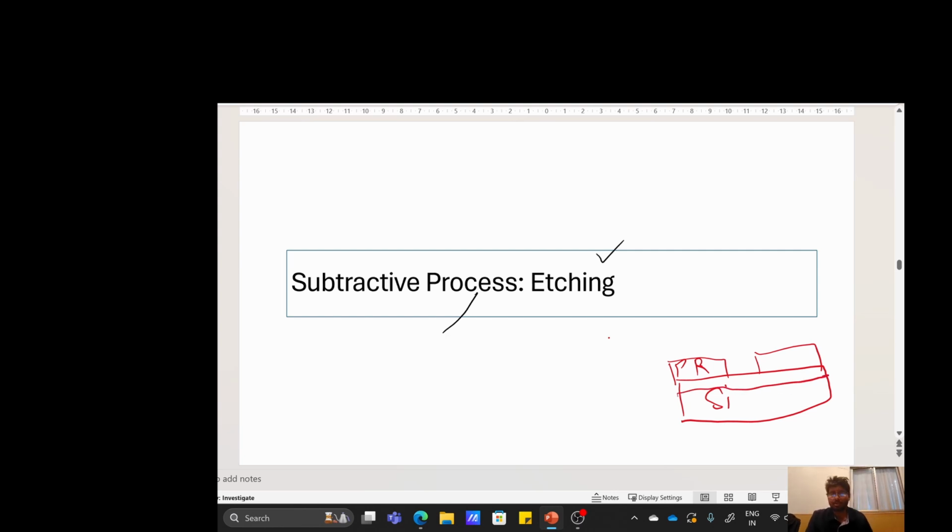Now you want to remove the silicon dioxide from this point. This is the subtractive process. You want to remove it particularly from this point, and for that you have protected this part and this part with the photoresist.